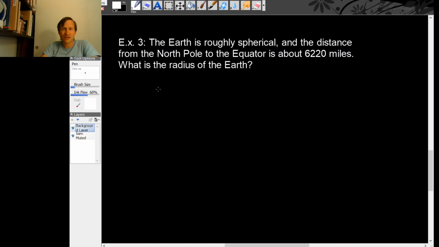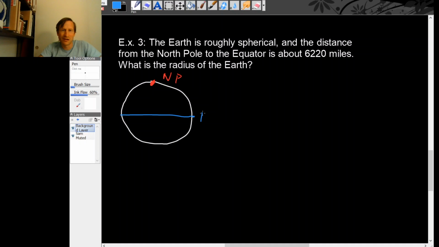So since the Earth is, roughly speaking, a sphere, if you look at it from the side, it looks something like this. And the North Pole is up here. And the equator is around the middle. So there.